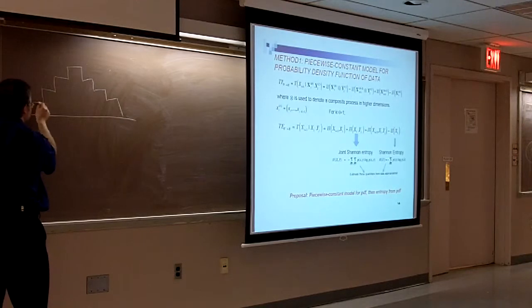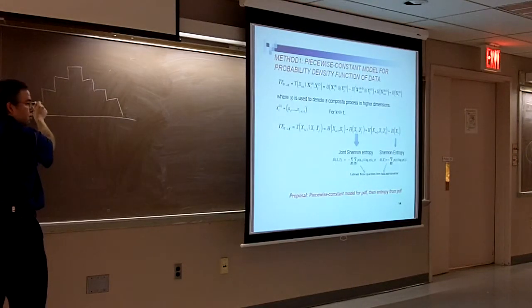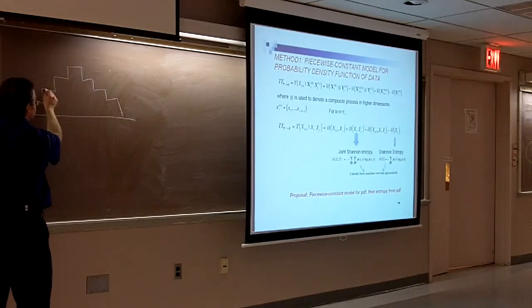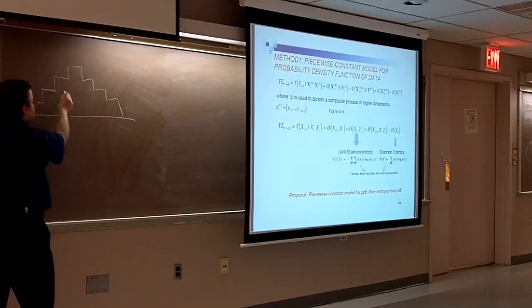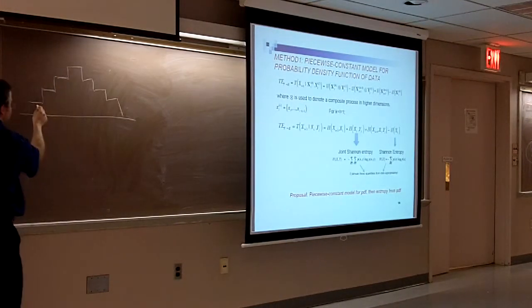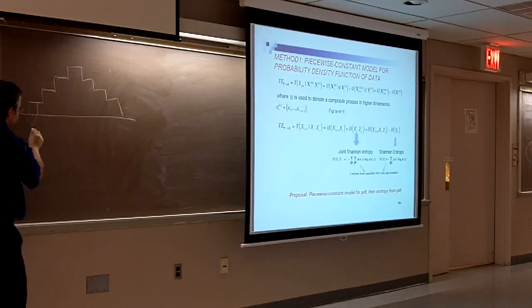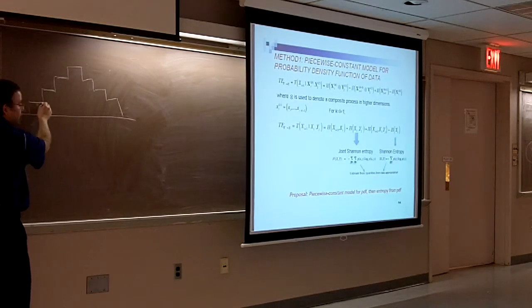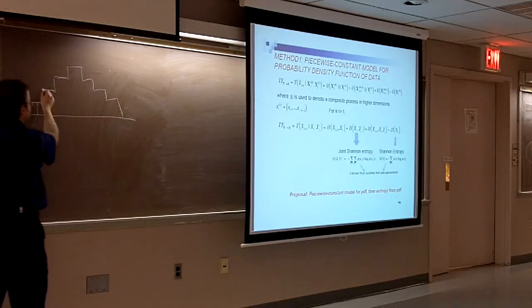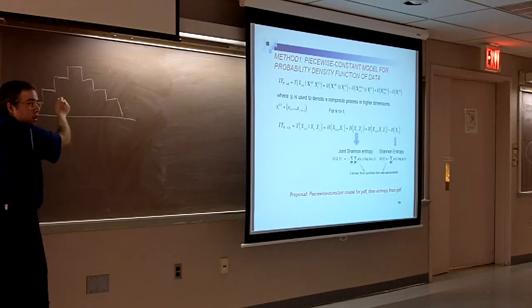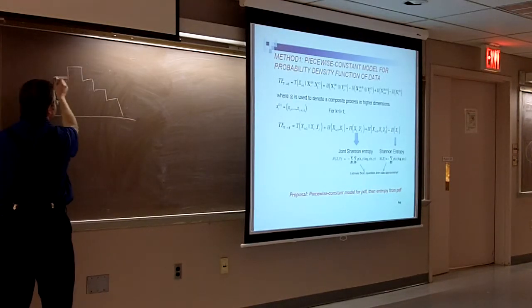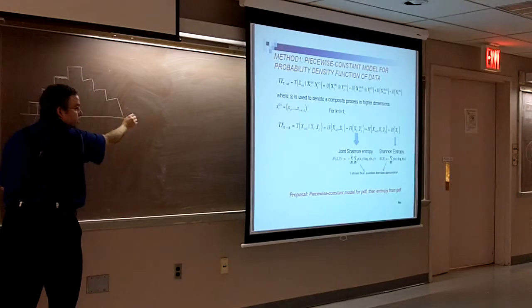So this section has a probability, this section has a probability, this section has a probability. What I mean by probability is the height has its own density function. This height has its own density function. This has its own density function, and it goes on.